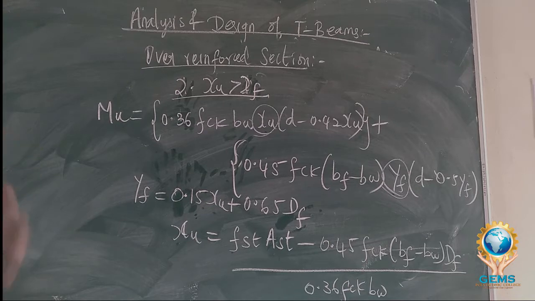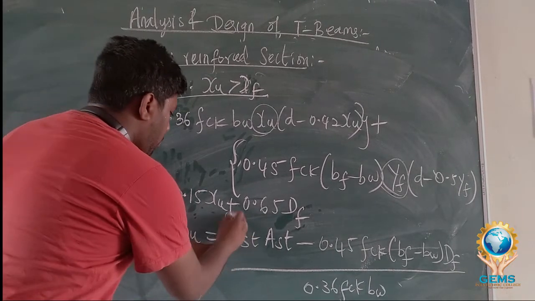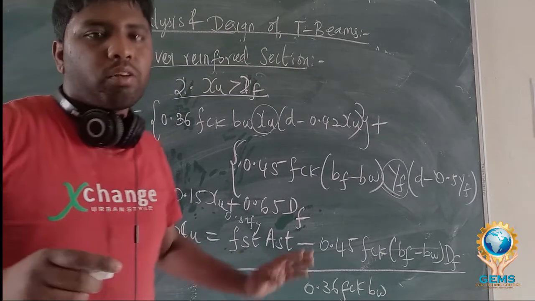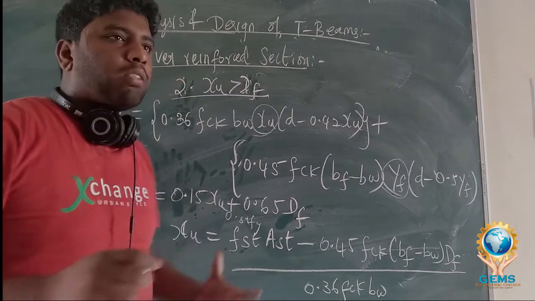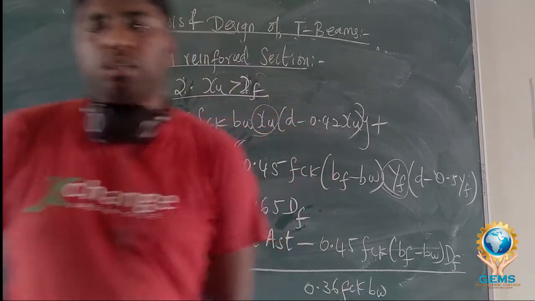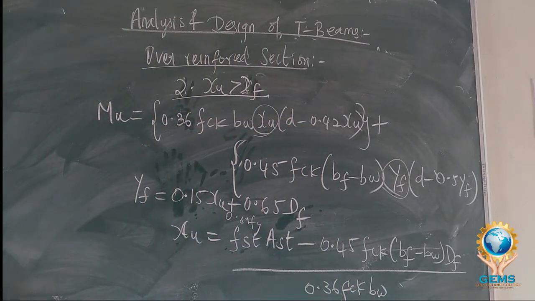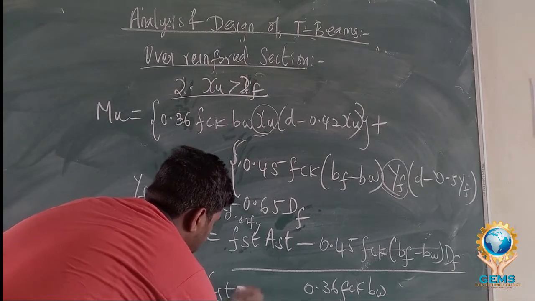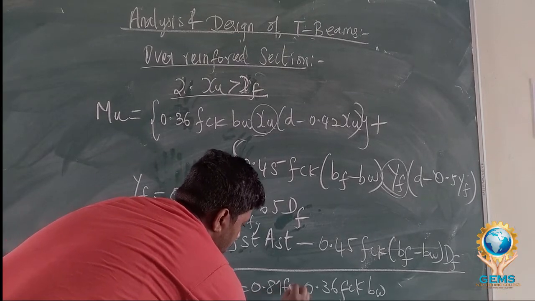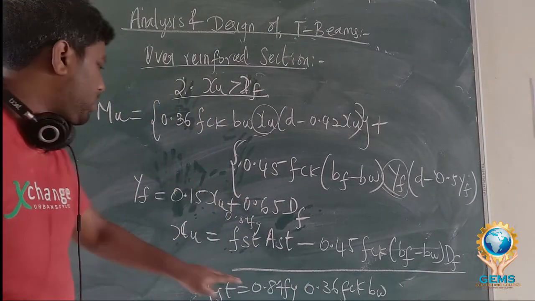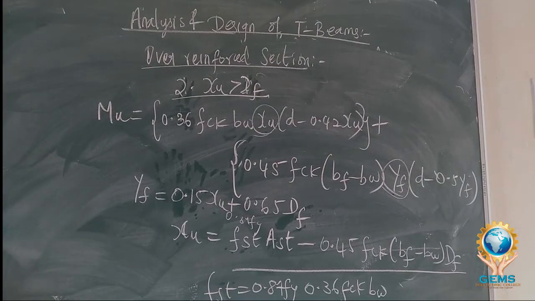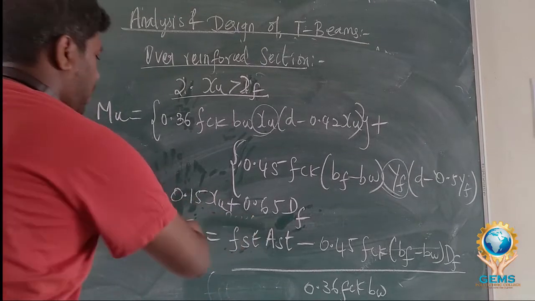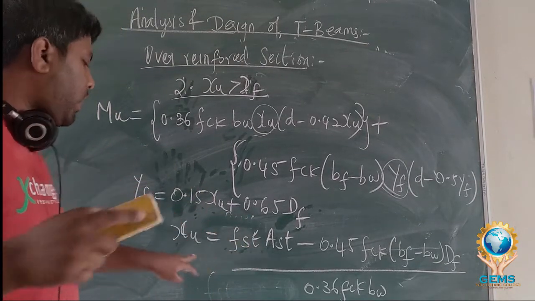In the under reinforced one, what you write here is 0.87 Fy. This FST is equal to 0.87 Fy. You understand? But in some cases, this FST value may change. So in the first case, you use this formula and find XU.